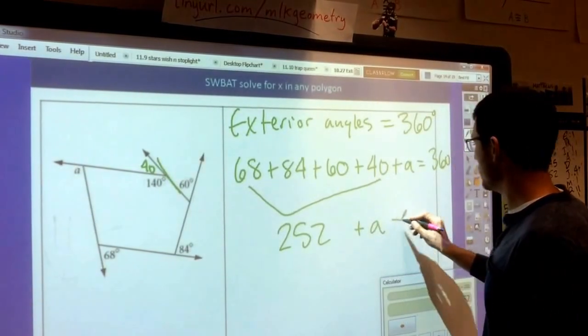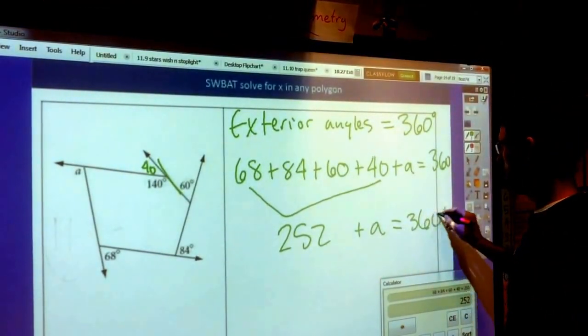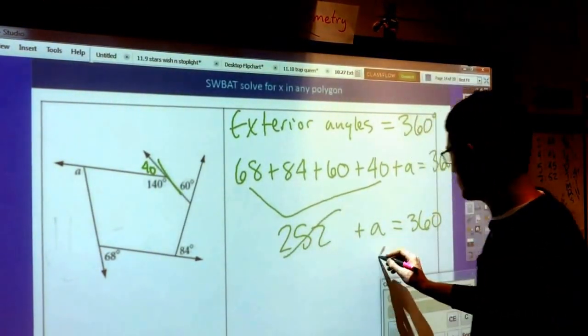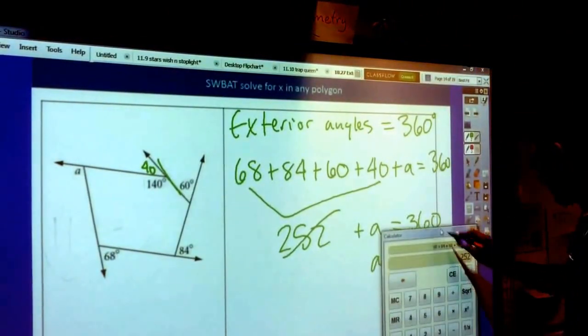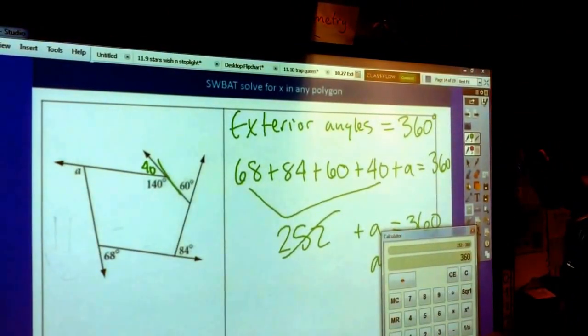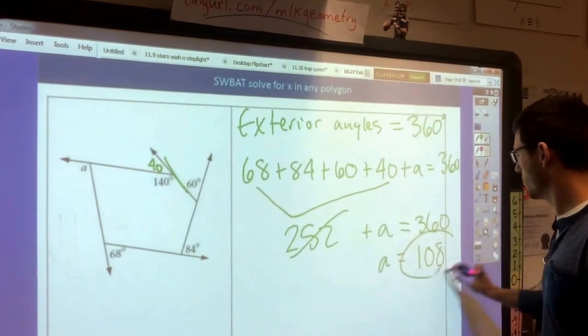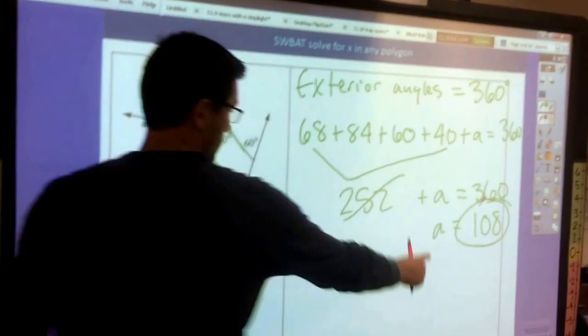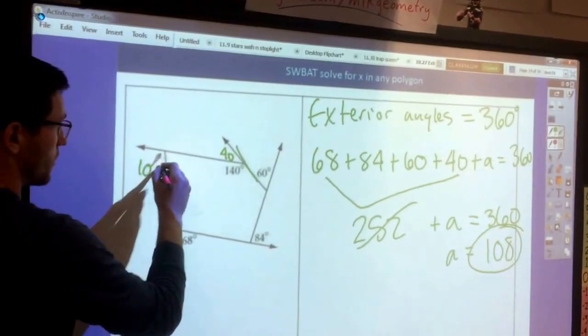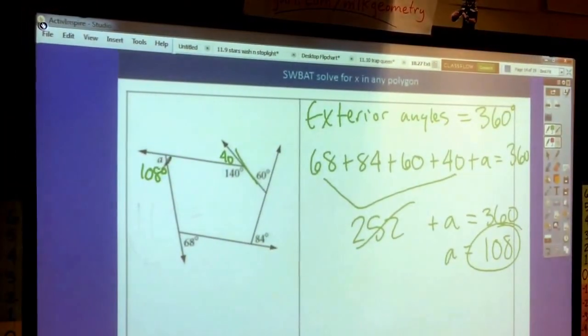I still have my A, and it still equals 360. I'm just going to subtract from both sides, and we end up with 108. So the amount that's left for this missing angle is 108 degrees.